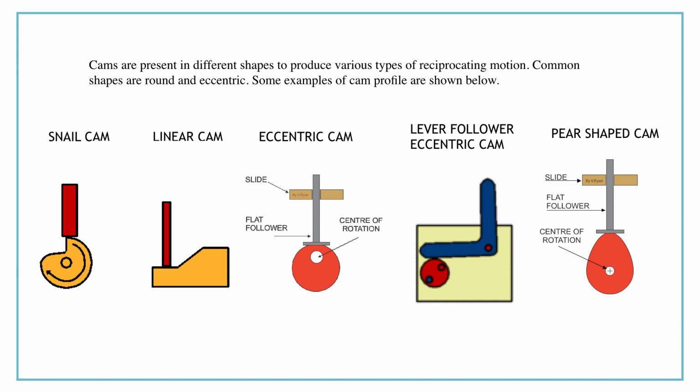Cams are present in different shapes to produce various types of reciprocating motion. Common shapes are round and eccentric. Some examples of cam profiles are shown below.